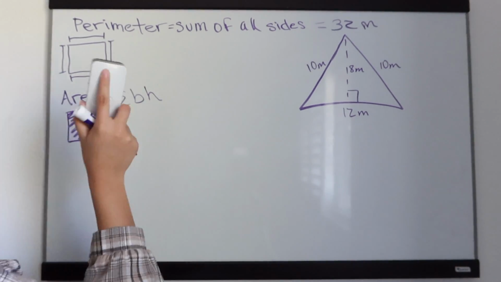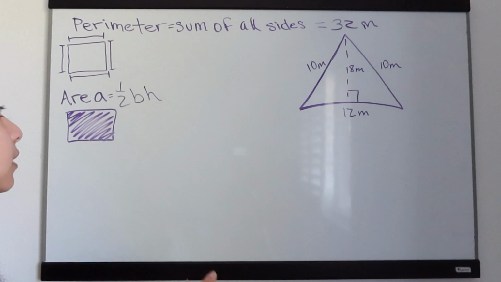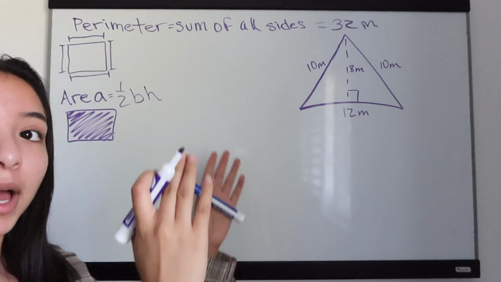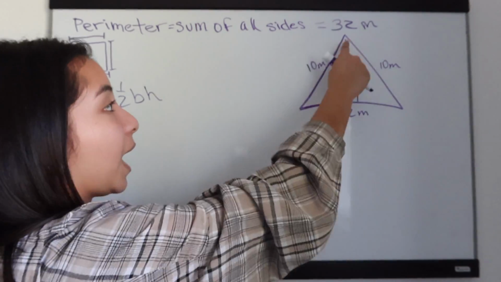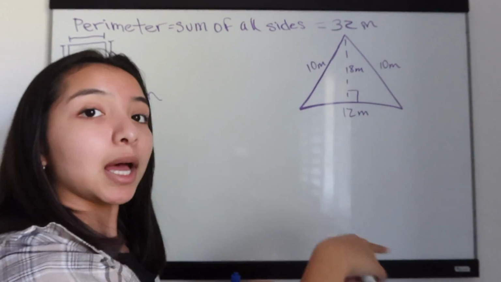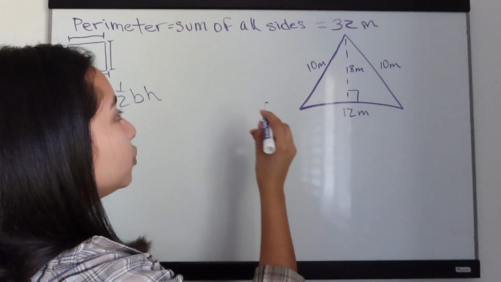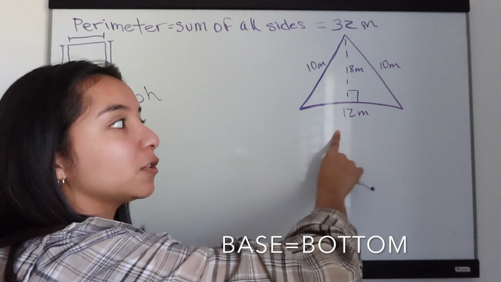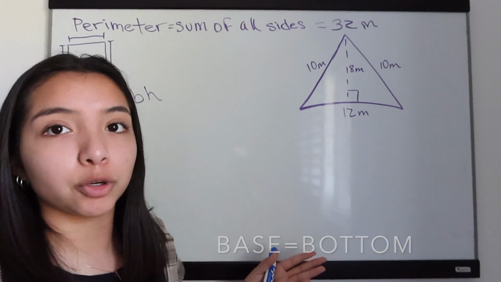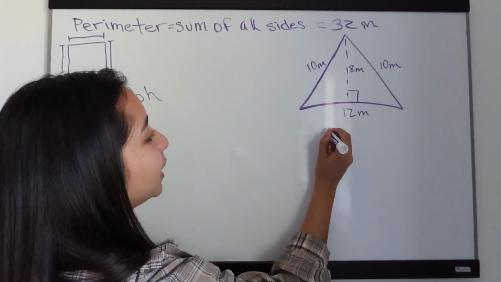Right now I'm going to use 1/2 base times height. So that is the formula to find the area of a triangle. We already found the perimeter by adding the length of the outside. Now we need to find the area. So what is the base? Well, the base is 12. The base is always the bottom of that triangle. So let's plug that into the formula.